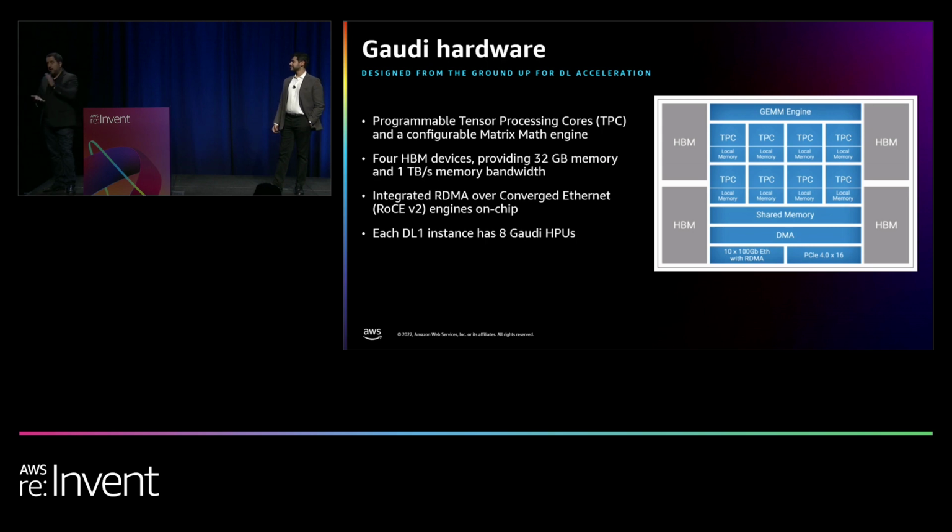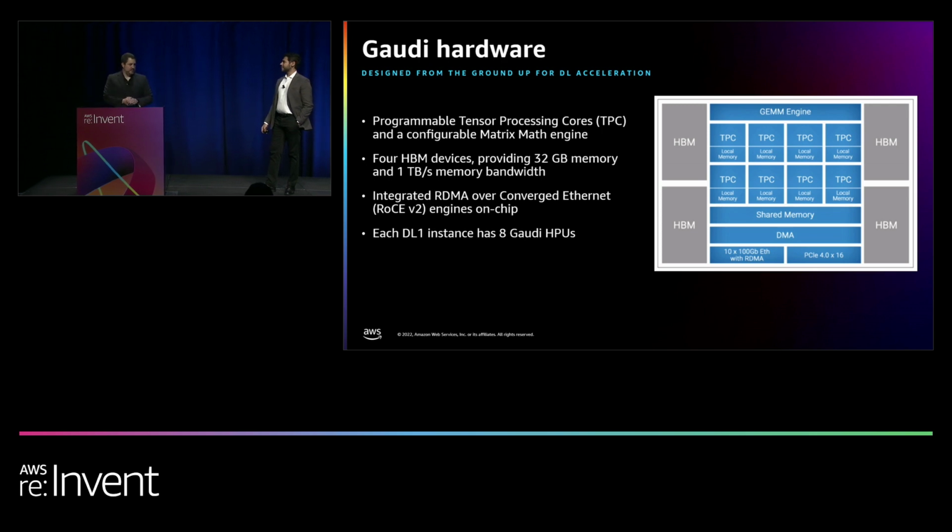This drives down implementation cost at the system side, as well as improves performance, because there's no overhead to go to a third-party NIC device. It's direct connect, so on the DL1 instance, when you get 8 Gaudis, all 8 are totally connected through this interface. And then we're able to pass those savings on to our customers and have them train at the highest level of performance, but at a way better price point.